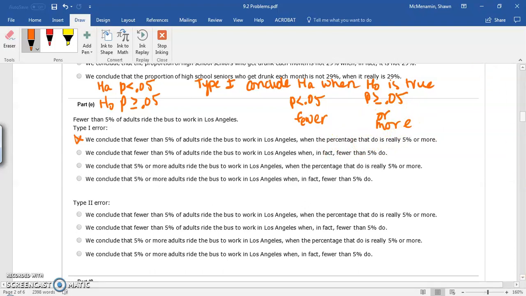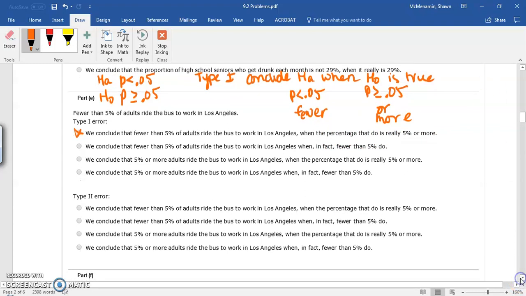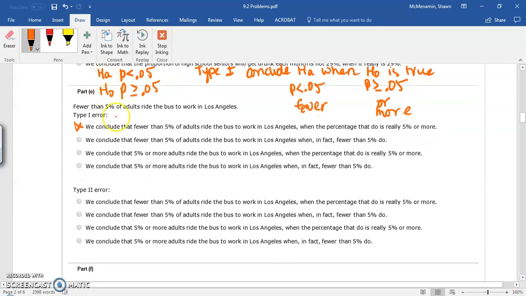A type 2 error is when we conclude H naught when HA is true. And the more correct language is you're failing to reject the null when the null is false. If the null is false, that's why you're favoring the alternative.